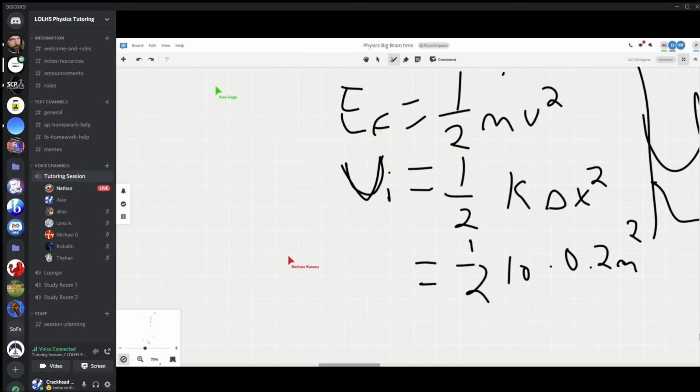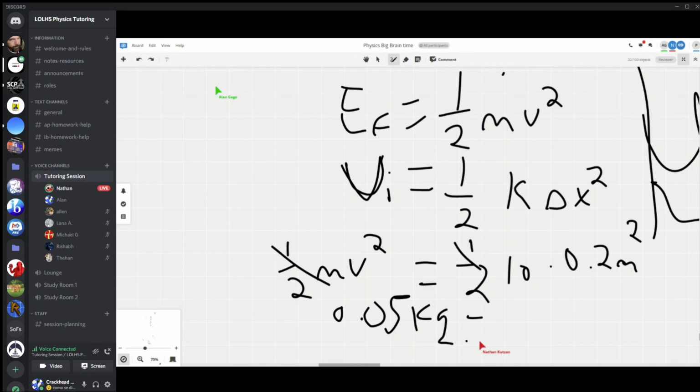And that's all equal to 1/2 mv squared. Halves cancel out. Mass was 0.05 kilograms, which is going to be equal to 0.2 squared times 10, which is 0.4. I forgot to write v squared over here, sorry again.